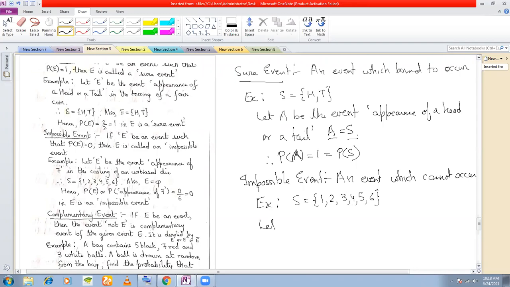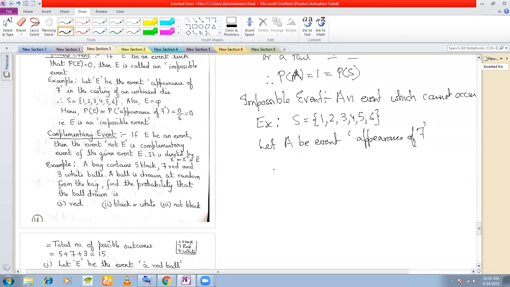If I define the event A as the appearance of 7, can this occur? This event cannot occur. Therefore, A is a null set. We say the probability of the event A is 0. This is what an impossible event is. A we call an impossible event.